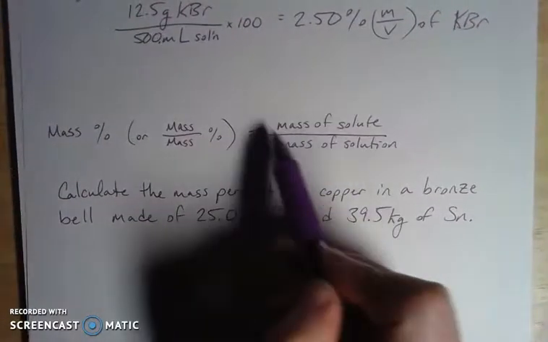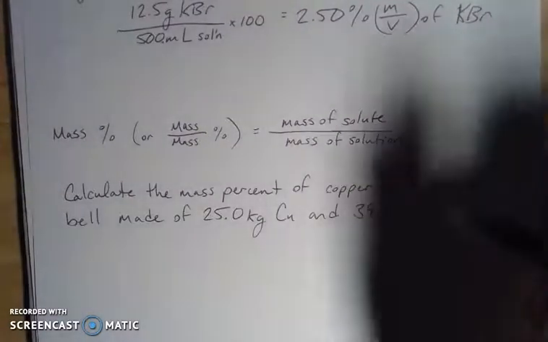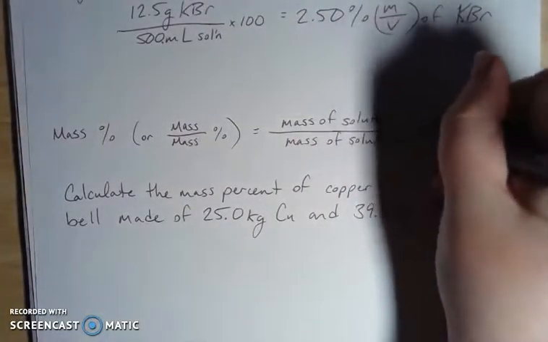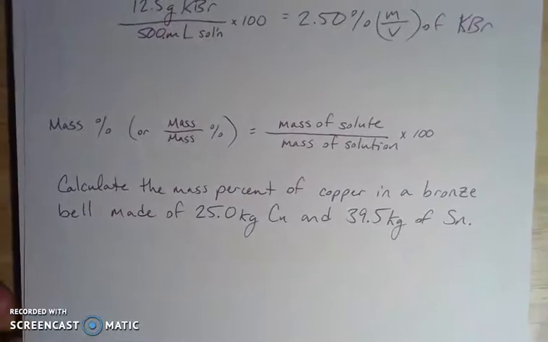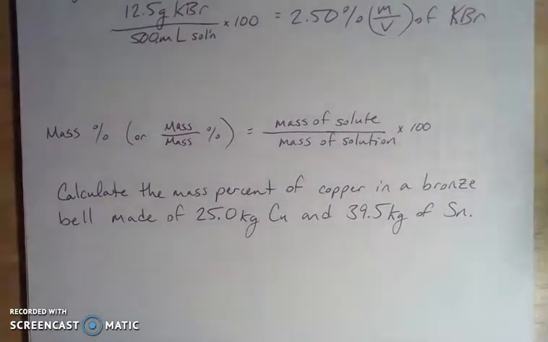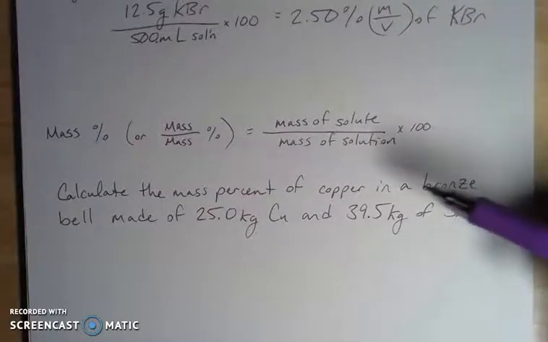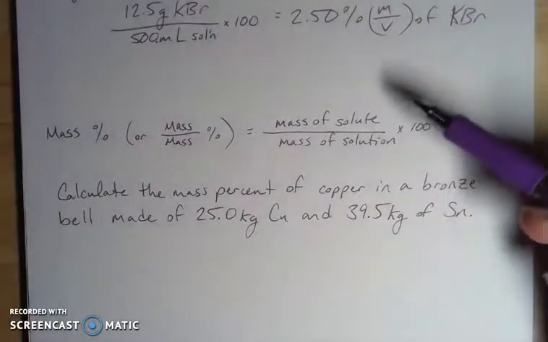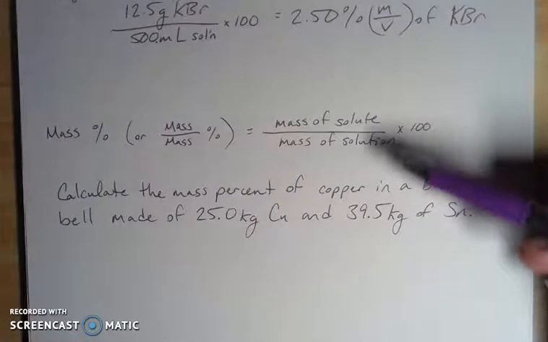It's the part out of the total, and we'll multiply that ratio by 100, and that's going to give us that percentage. Okay. So mass percent is a pretty common way to do that. You might see a 3% solution of sodium chloride, for example, and that means that you have 3 grams of sodium chloride for every 100 grams of solution.